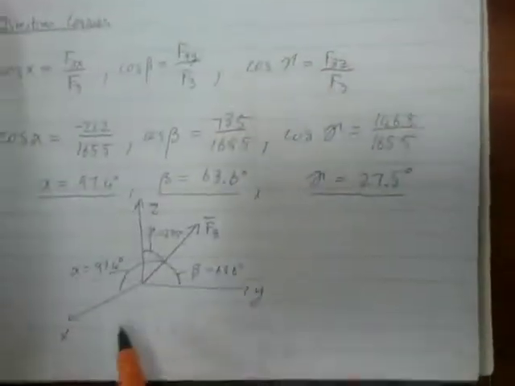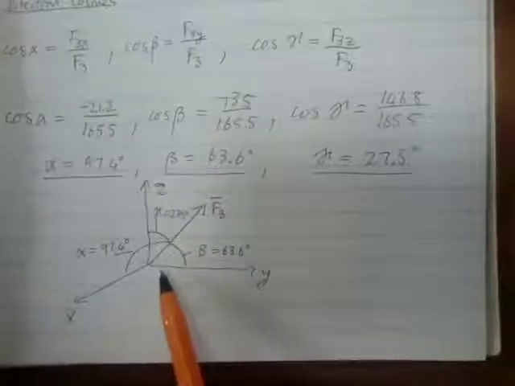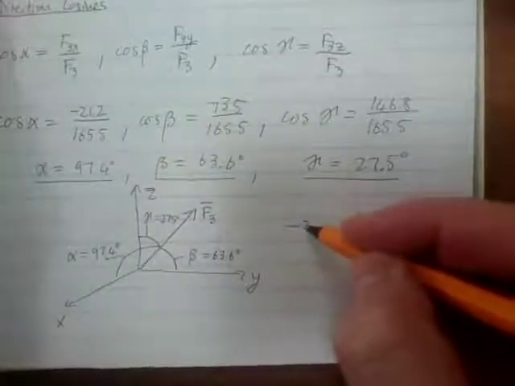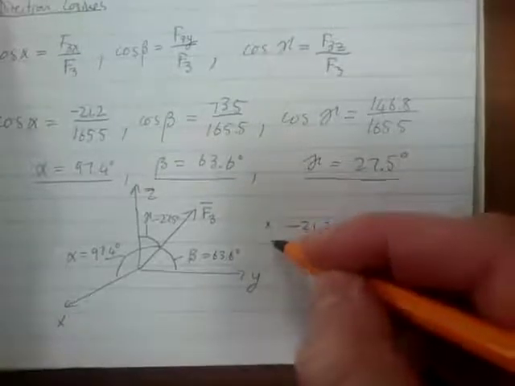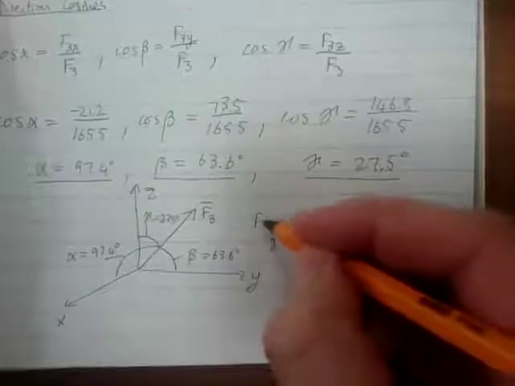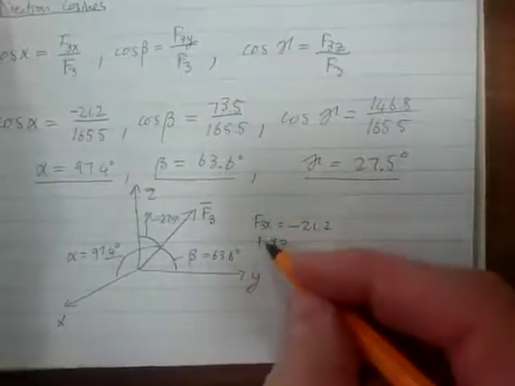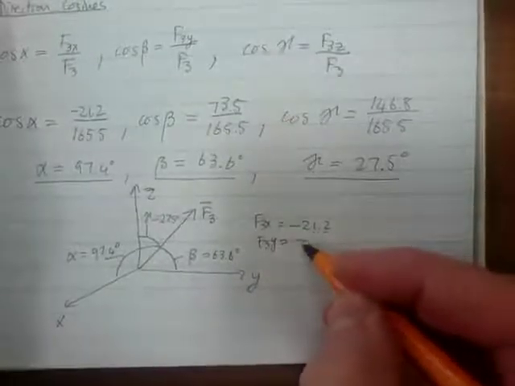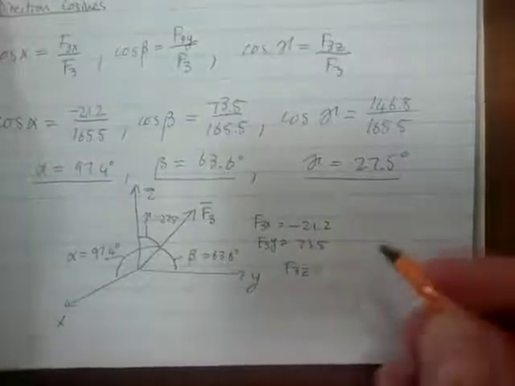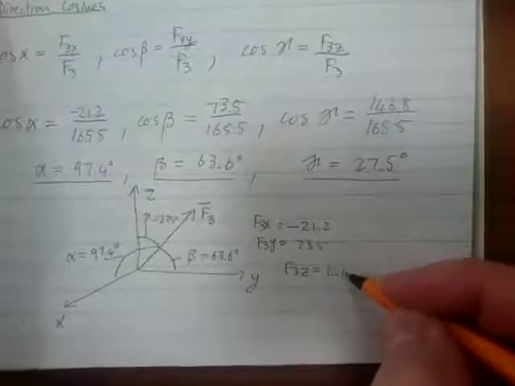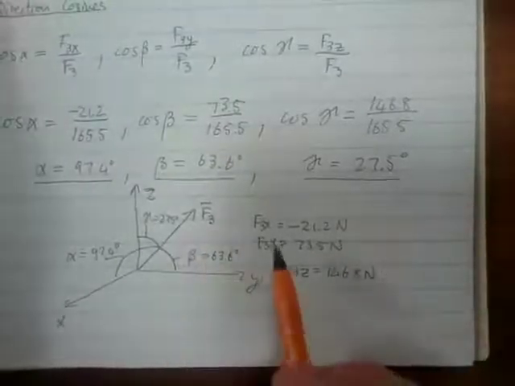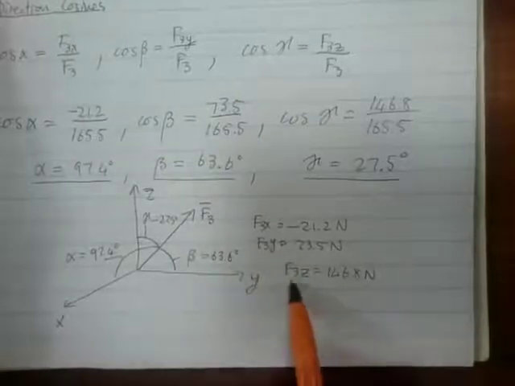Does this make sense? Is this answer correct? My x component was minus 21,2, my F3y is 73,5, and my F3z is 146,8. Look at my Fz.